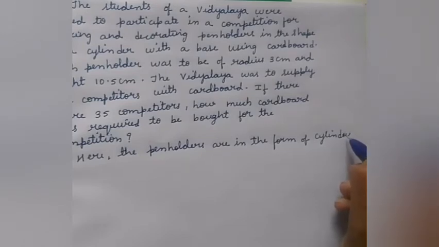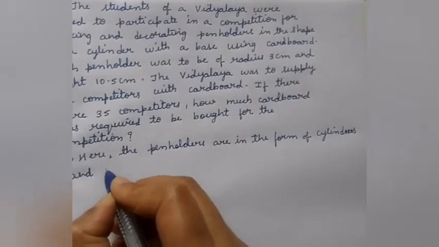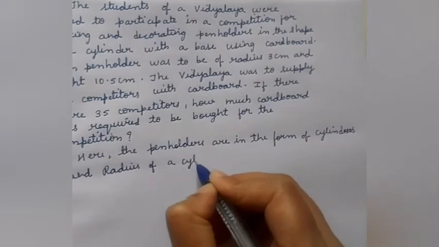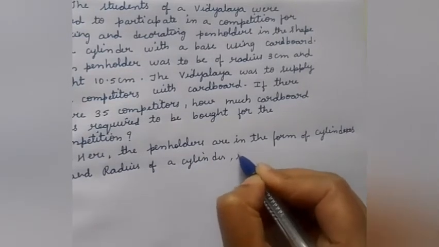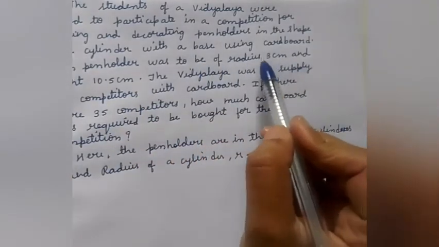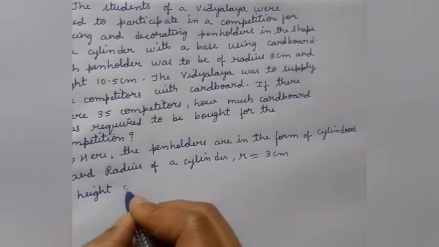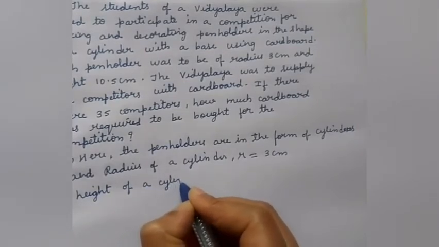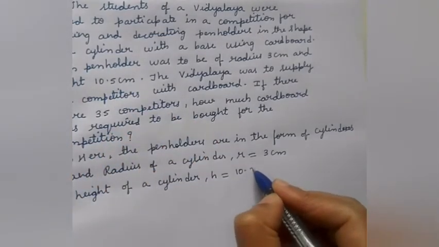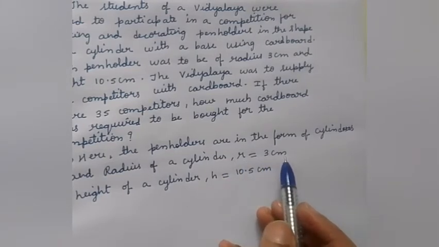The radius of the cylinder, R, is given to be 3 centimeter, and the height of the cylinder, H, is given to be 10.5 centimeter.